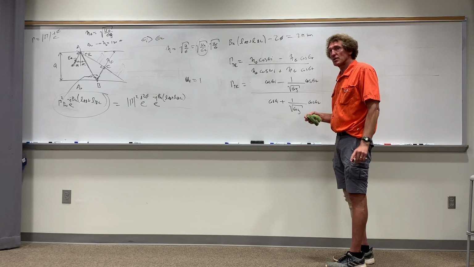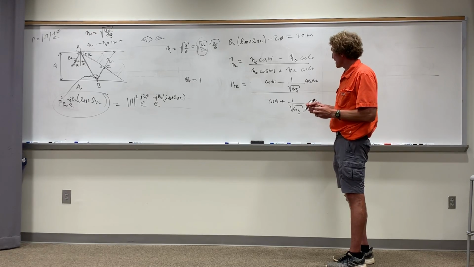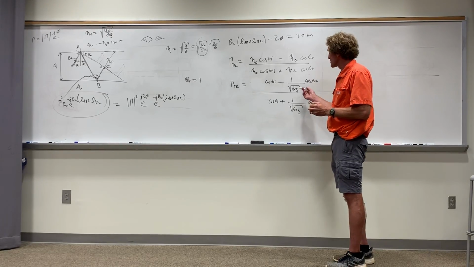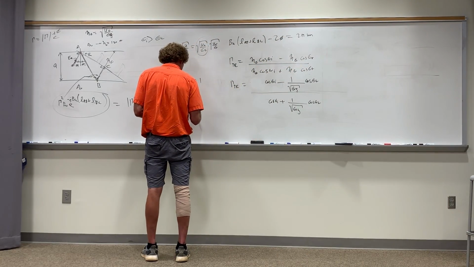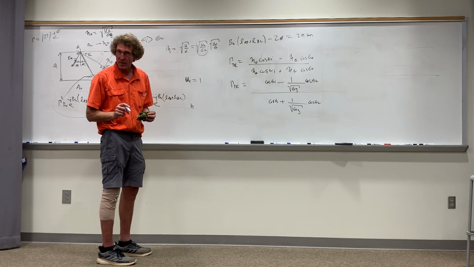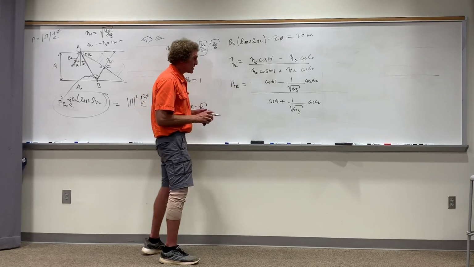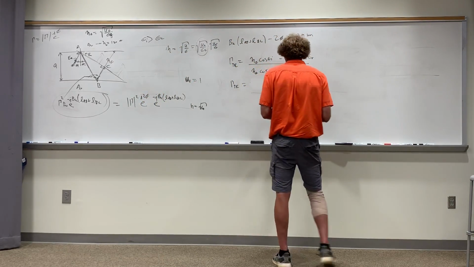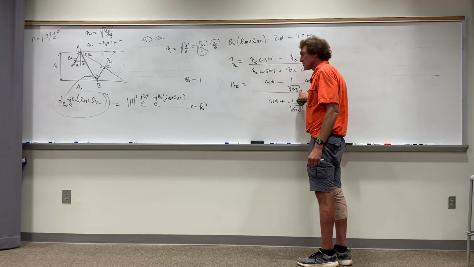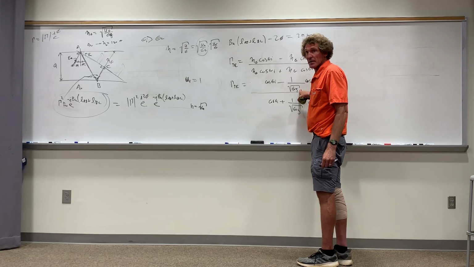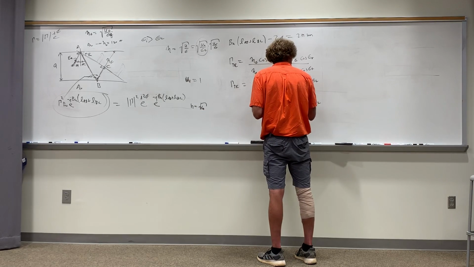Now I have this equation. I'm going to go a step further. I could actually leave it like that. But really, what is the square root of epsilon relative in terms of an optical term? Isn't that the index of refraction? So now what I can do is replace this term here with just the index of refraction of the guide, which is more appropriate because guides work at optical frequencies.